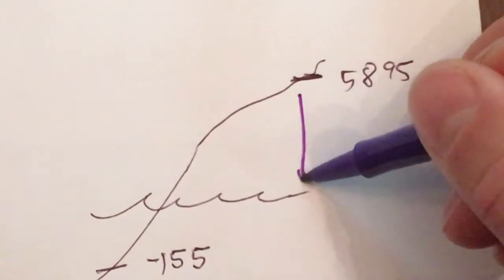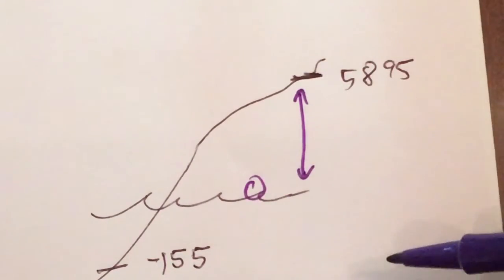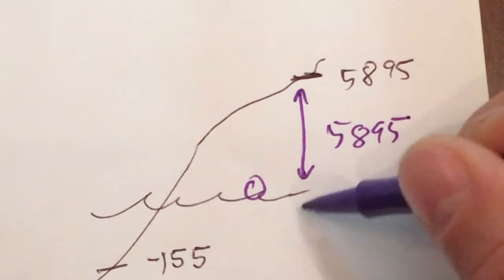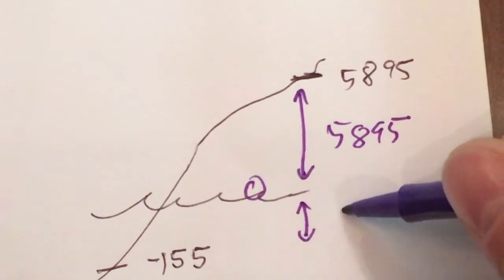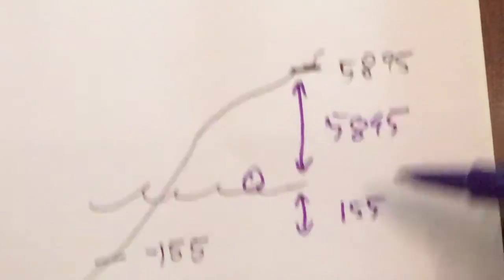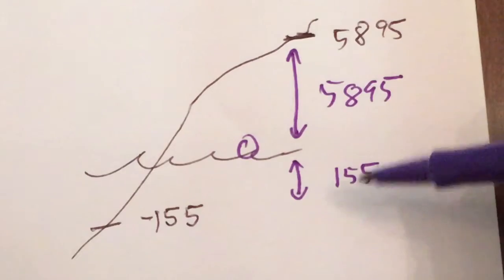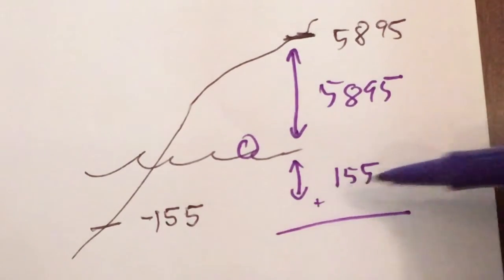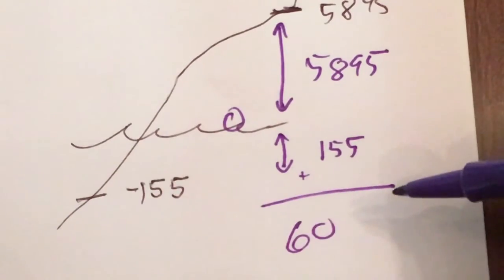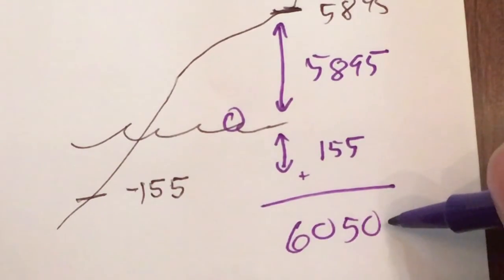Right, so this distance, the water is located at 0. That distance is 5,895. This distance is another 155. It's kind of like using absolute values, right? And so that's a combined distance. It's going to feel like adding. I mean, we kind of are adding them together. It's a combined distance of 6,050 meters.